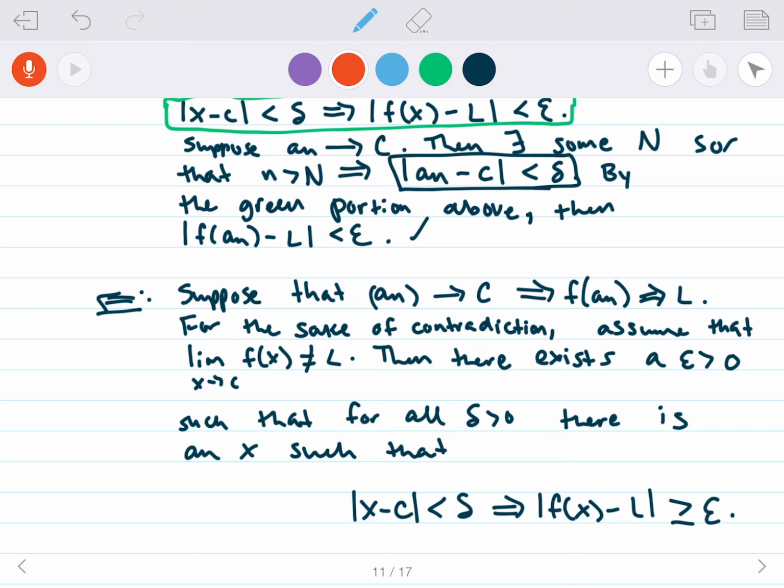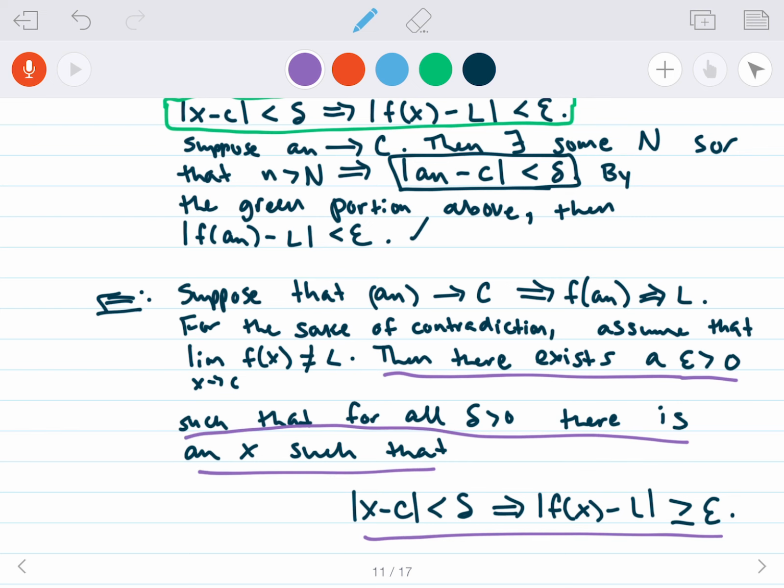Okay, so this is just what we talked about a few slides ago with that piecewise function. When the limit doesn't exist, we have this statement.